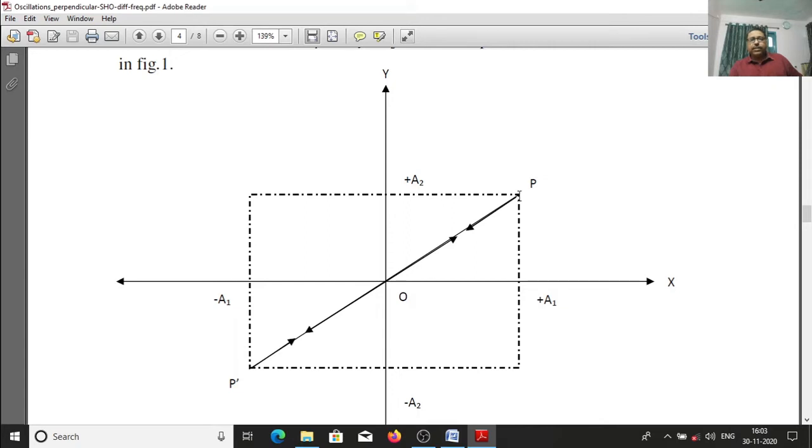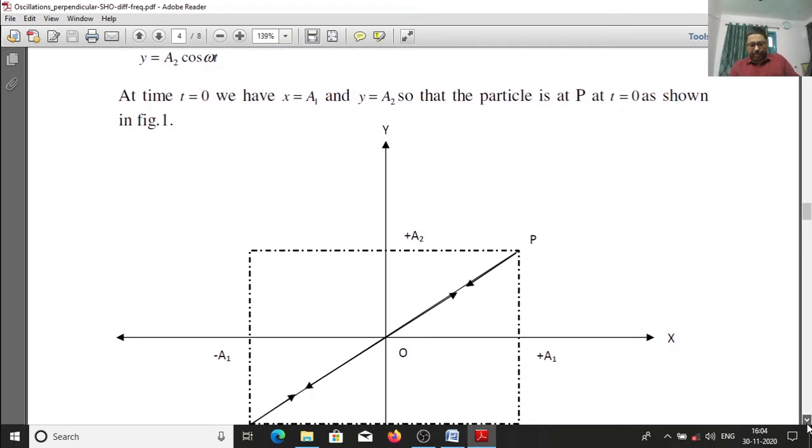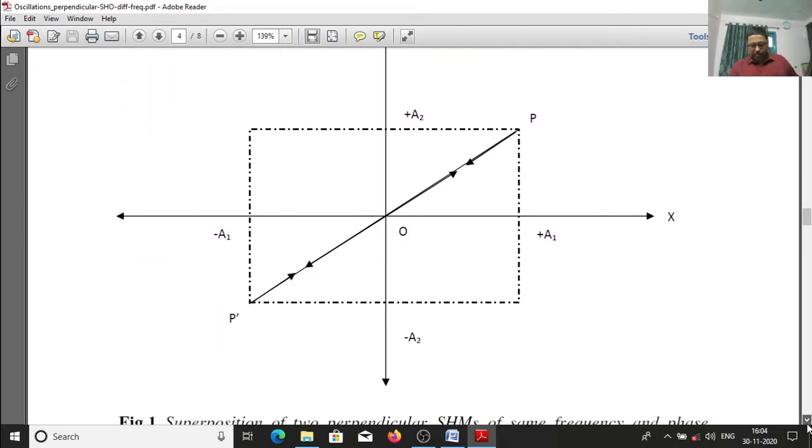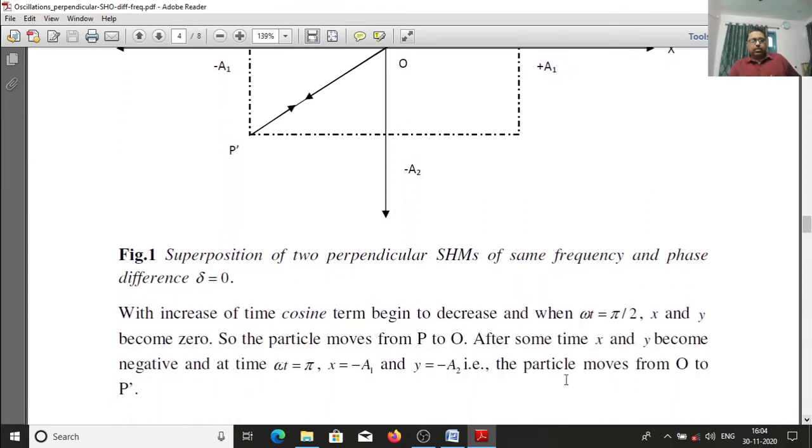Now t increases. The values of both x and y decrease, and after some time they become 0 and then negative. So when we increase the time, the cosine term begins to decrease, and when omega t equal to pi by 2, x and y become 0.